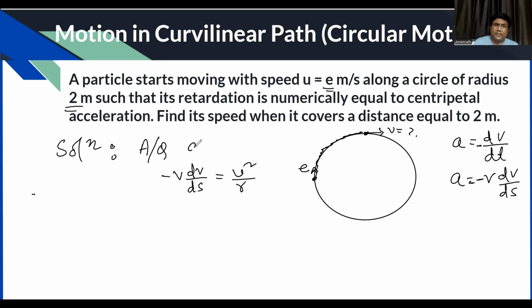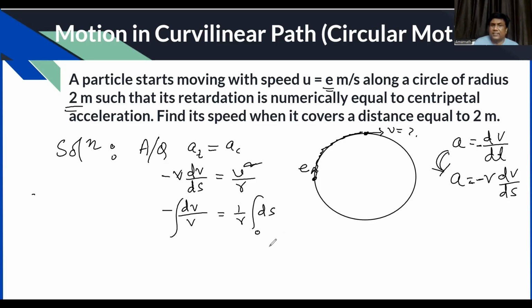Centripetal acceleration. They are saying that tangential acceleration equals centripetal acceleration. So I am writing tangential acceleration as v dv by ds, and you know the chain rule, how it can be converted to this. I have already discussed. So v will get cancelled, so minus dv by v equals 1 by r into ds.